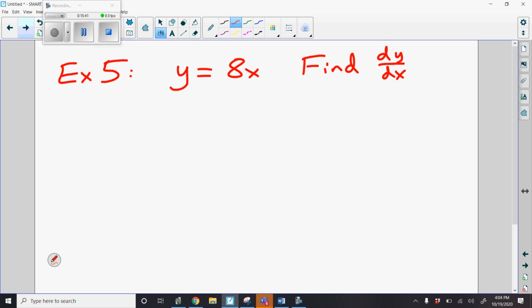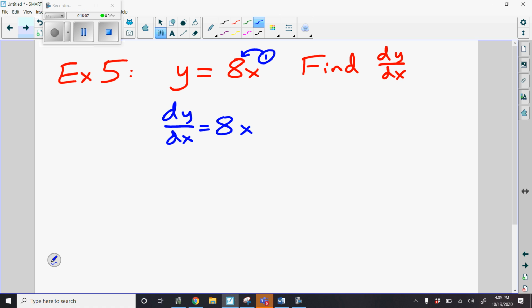We have y equals 8x, find dy dx. Well, again, that's in ax to the n form. The invisible n here is the exponent 1. So we could just do the power rule and say, okay, dy dx then. I'm going to take this invisible 1 and multiply it out front. And I'll have 8.